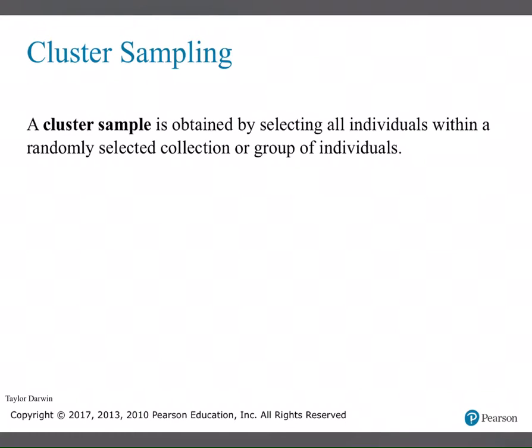The last sampling method that we're going to talk about is cluster sampling, and it's obtained by selecting all individuals within a randomly selected collection or group of individuals. This is very similar to stratified, and people get them confused, but basically cluster is maybe, let's take Midland again.